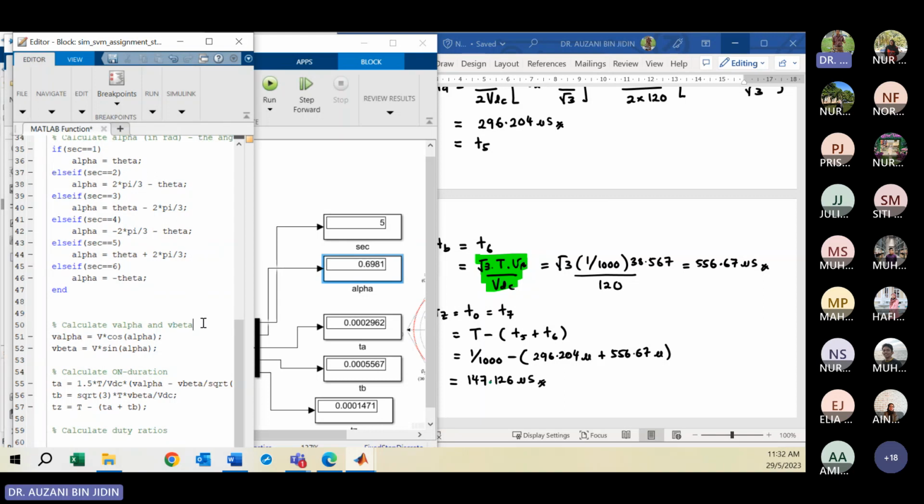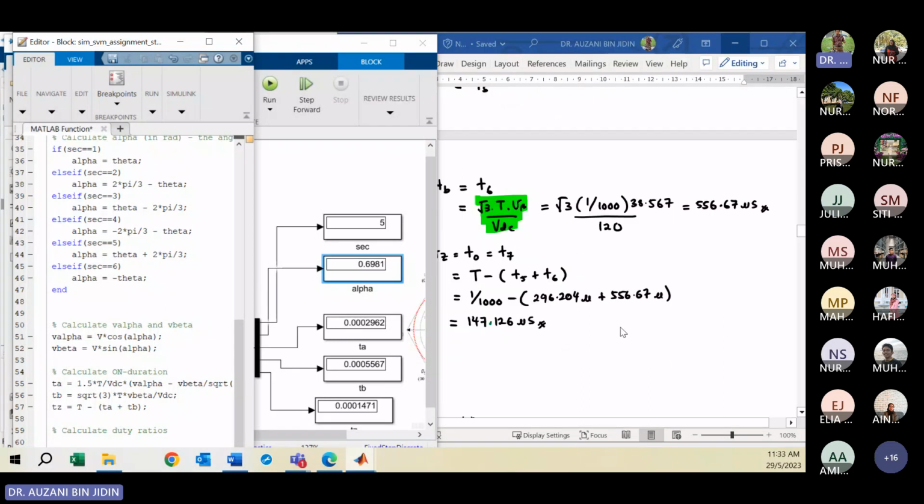You must know how to differentiate the definition of VD, VQ and V alpha, V beta. V alpha, V beta, we apply for the analysis within a sector. If VD, VQ, it means you analyze the space vector on the DQ axis, right? Understand? Okay, later I will check.